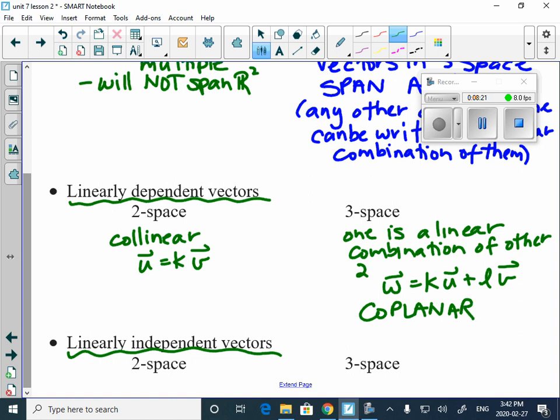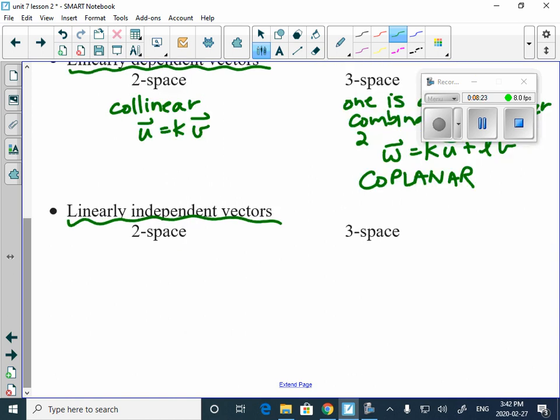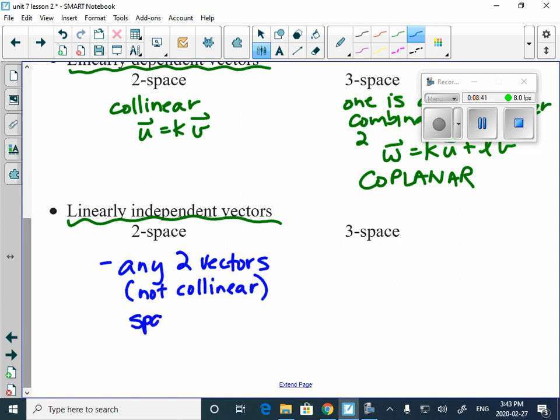On a plane. Now, if vectors are independent of each other, any two vectors that are linearly independent, so not collinear, span 2-space. I can find any other vector in 2-space with those two vectors.